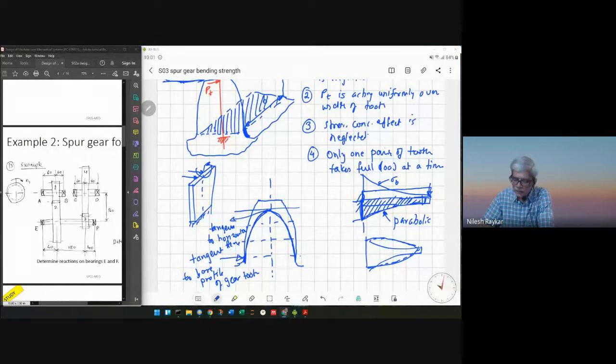Now there is only one way by which you can fit the parabola which is tangent to the horizontal line at the top and tangent to the involute profile at the bottom. So you have to find it out.